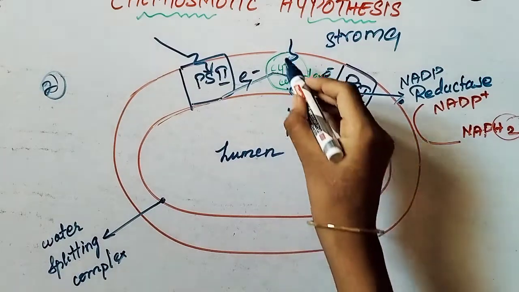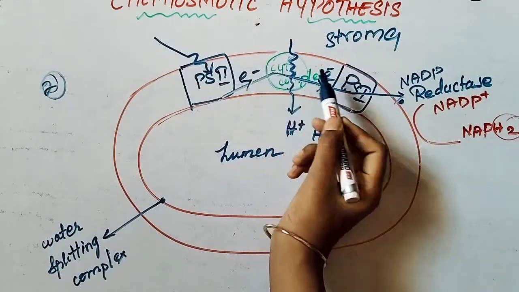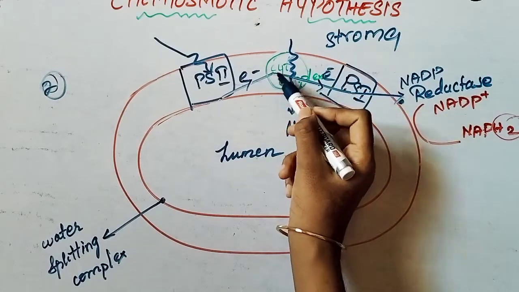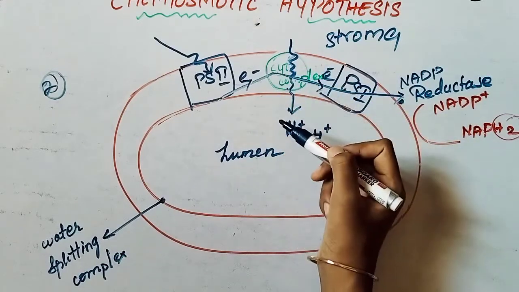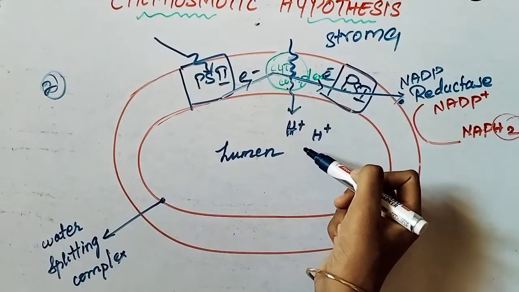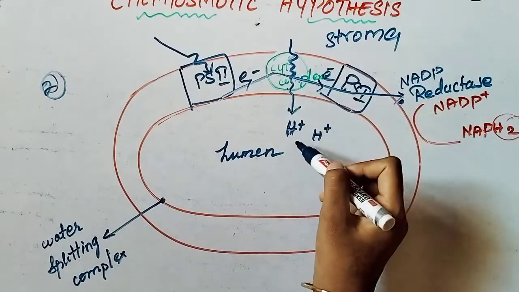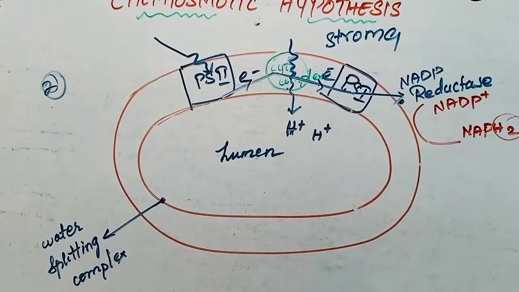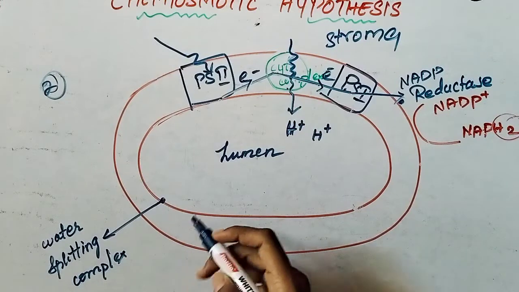So in this lumen, one process is in the cyclic or non-cyclic photophosphorylation: the carriers of electrons carry hydrogen, while carrying the electron, one pair of hydrogen from the stroma to the lumen. Then the other process: here we said the water splitting complex.